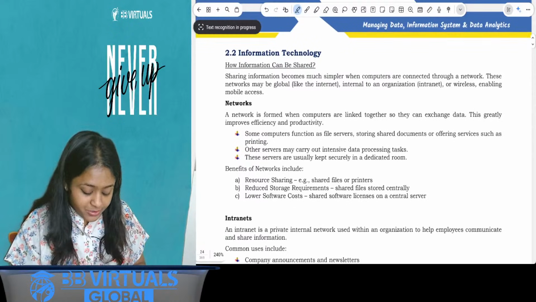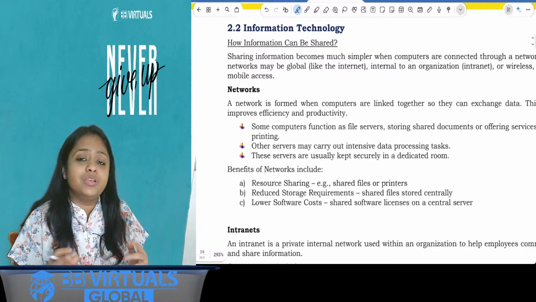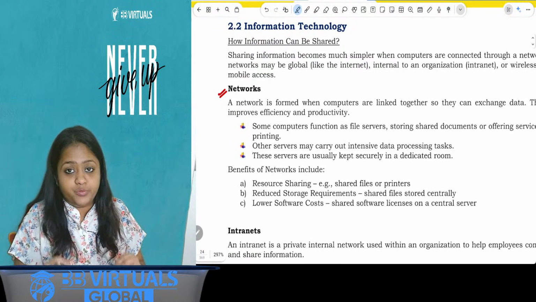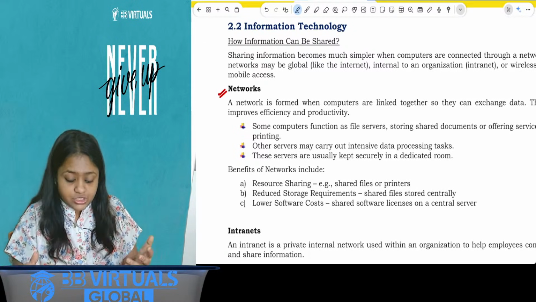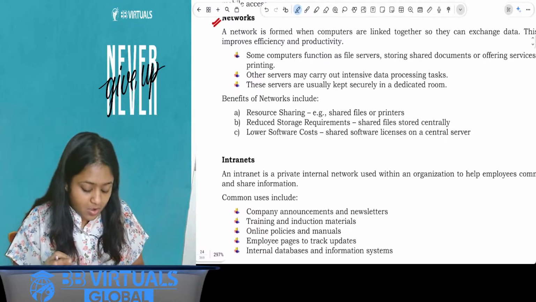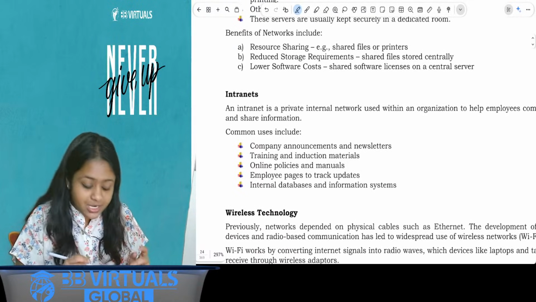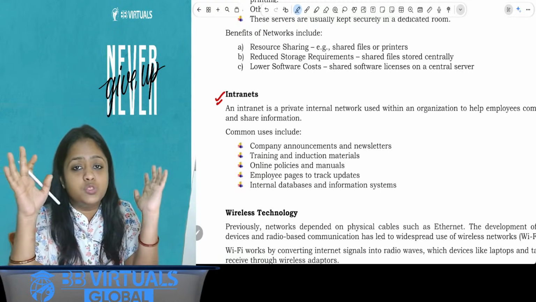When I take up information technology, number one, the question here is how you can share the information. So we can use the different networks to share the information, by which a network among the computers is created to share the information. Now, one of the ways by which we can share the information is intranet. Intranet is simply a private network used by an organization.